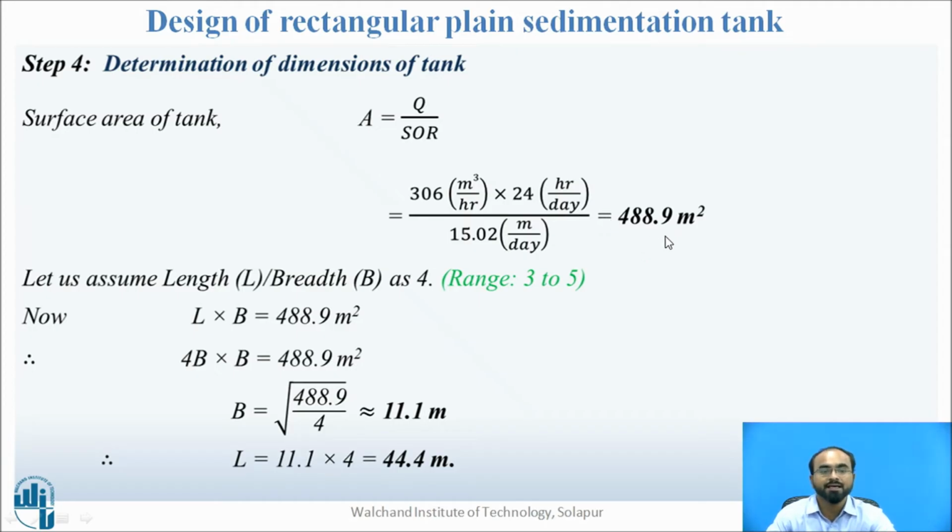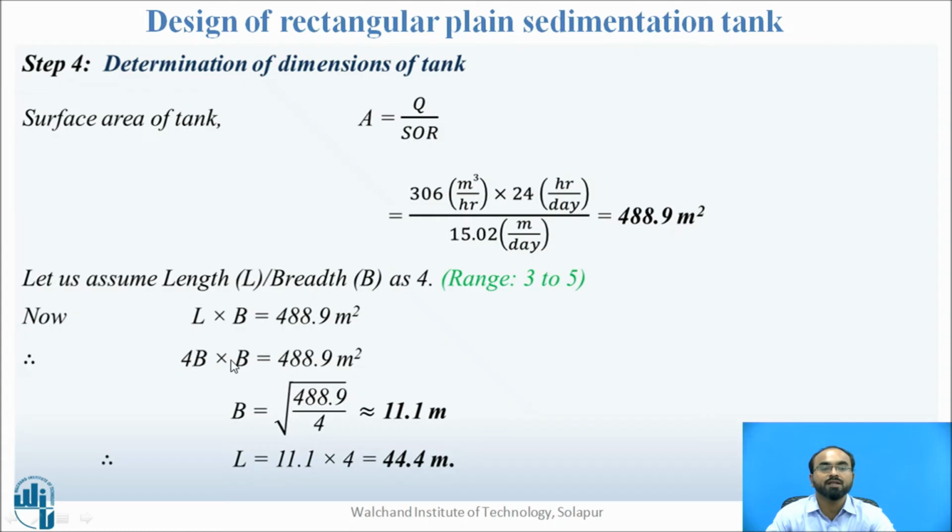Now, you know the area. Now, let us assume length to breadth ratio, that is L to B ratio, to be 4. We can take between 3 to 5. Putting the values in the equation, L into B, which is our area, is equal to 488.9 meter square. As we assumed L to B ratio is 4, L becomes 4B.